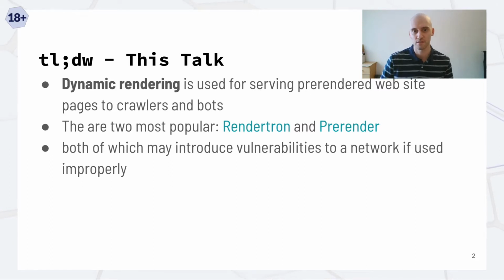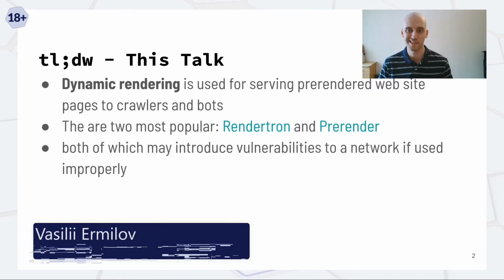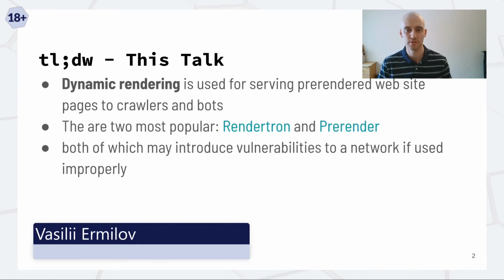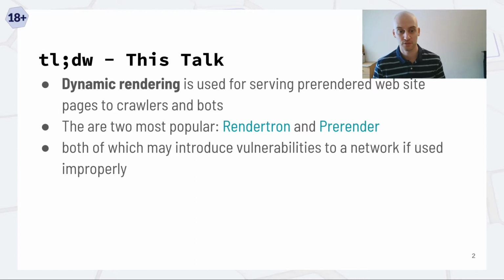We're gonna try to hack them, because if such applications are not properly configured, they may introduce vulnerabilities to a network or to the infrastructure. So this is the main purpose of this talk.